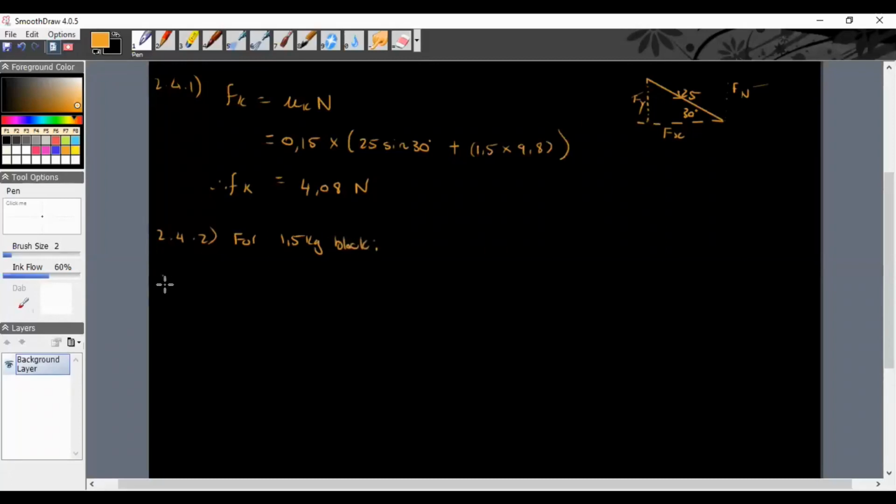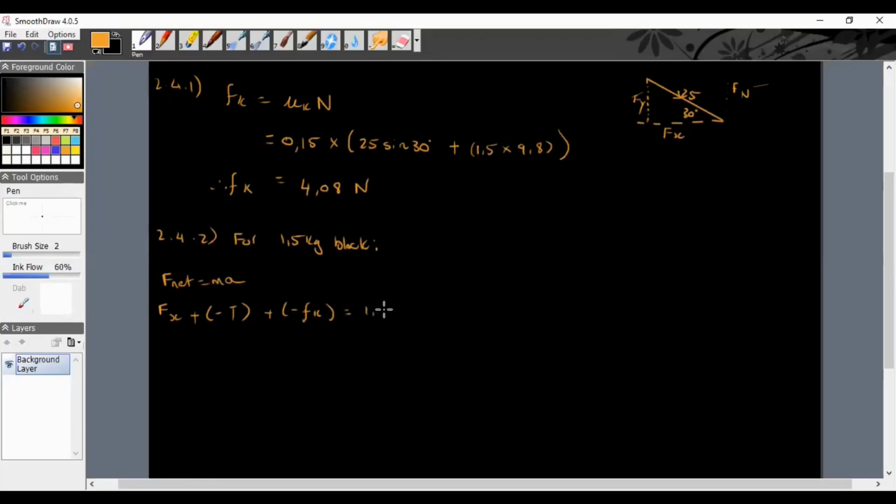So for example, let's take the 1.5 kg block first. We have F_net equal to mass times acceleration. For F_net for the 1.5 kg block we have F_x, plus tension, which for this block is going in the same direction as the frictional force, which we saw in our free body diagram, minus T plus friction, which is going in the opposite direction, F_k.